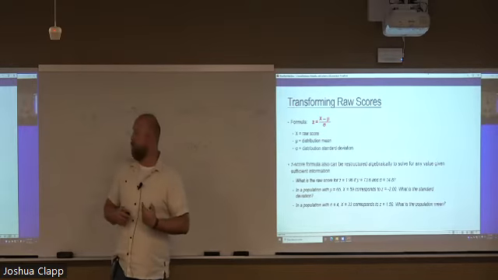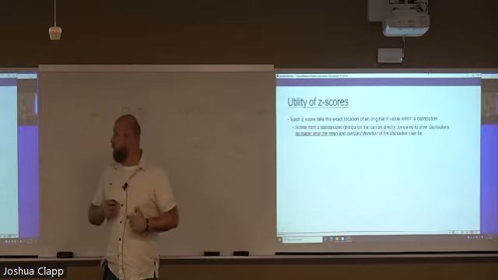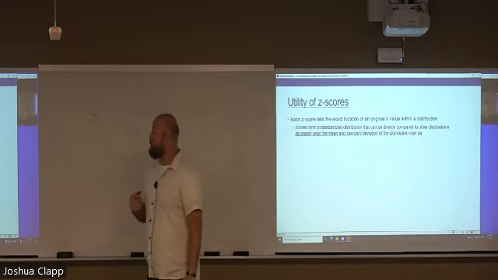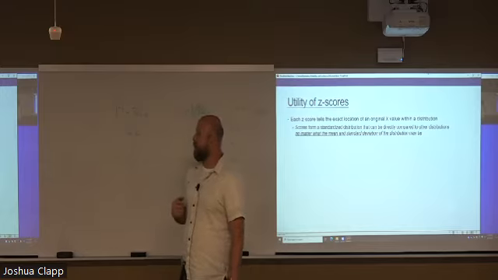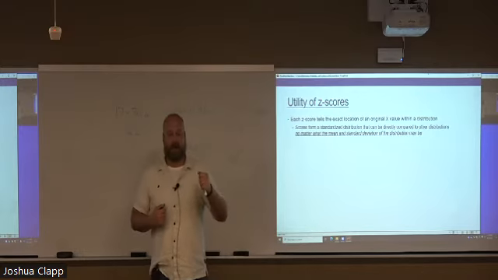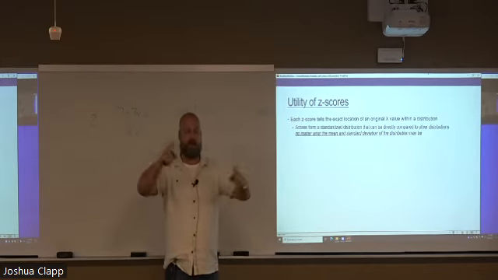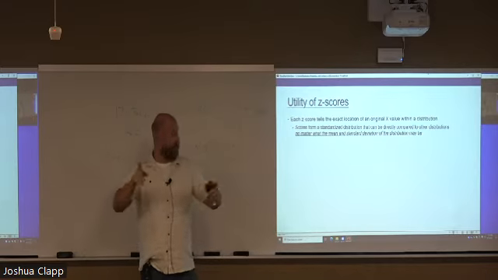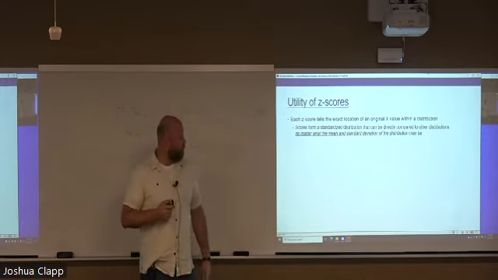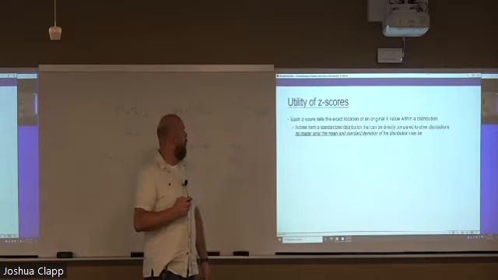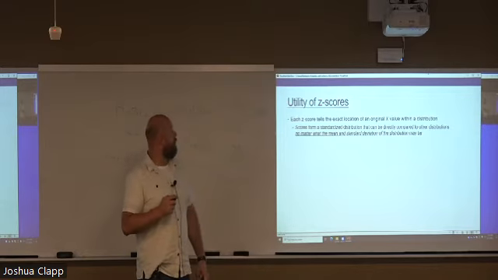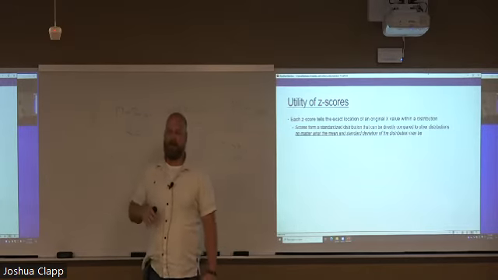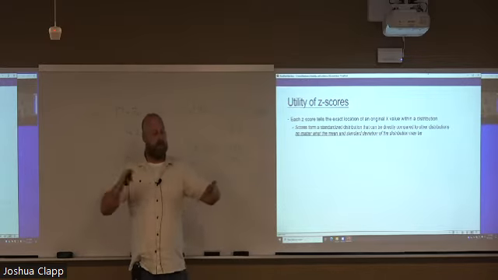So why this is helpful: a z-score gives us the exact location of a raw score X within the distribution of scores. When we're talking about z-scores in these examples, we're talking about them as falling on a normal curve.